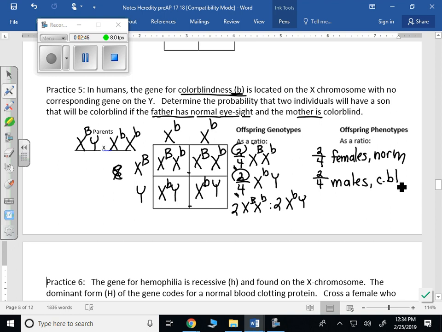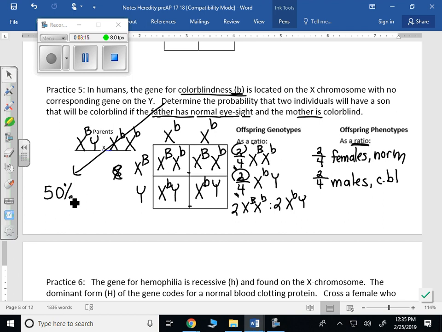And again, this ratio, because it's going to be asking for a ratio in this situation, we would say it's 2 to 2, or we could say that it's 1 to 1. Now, this question up here is saying determine the probability that 2 individuals will have a son that will be colorblind. So we have a 50% chance that if they have a child, it's going to be a male that is colorblind. 2 out of 4, 50%.